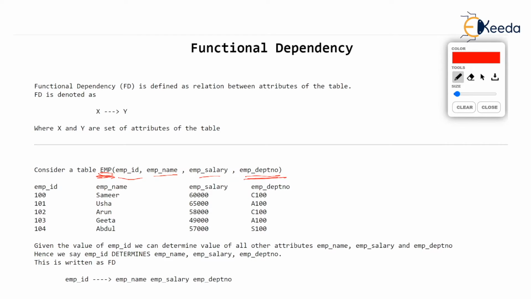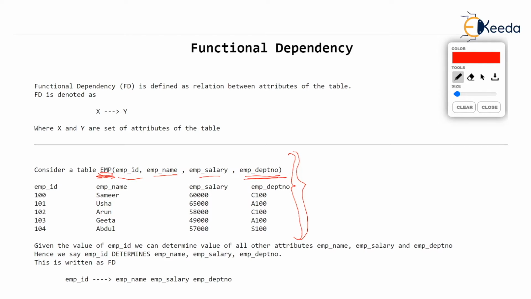Now, what if I write an FD for this table? I am the creator of this table. And when we create any table, besides creating the table and inserting the data in the table, we should also give FDs, functional dependencies, for that table.